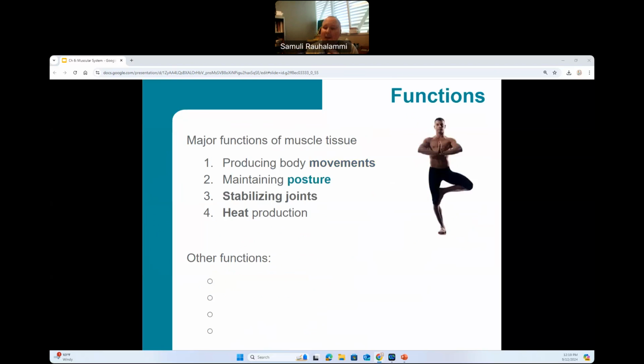So the next one that I wanted to talk briefly about is that skeletal muscle tissues help us to maintain posture and body position. So there's a lot of muscle activity taking place, even if we don't physically cause a significant, large, observable movement. I think yoga is a particularly good example of that.